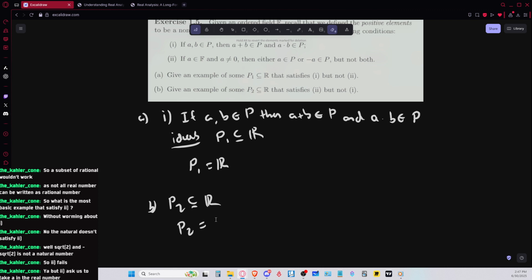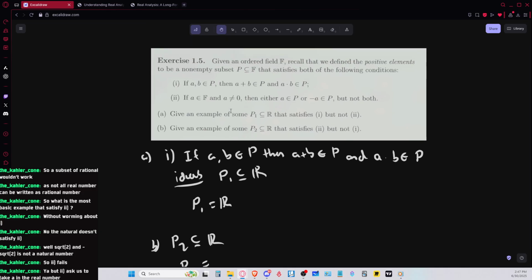Yeah, but to ask us to take a in the real numbers. Let me see. It says give some example, and that P2 is a subset of the real numbers. So I think if it's a subset of the real numbers, then it could be any of the subsets within the real numbers.